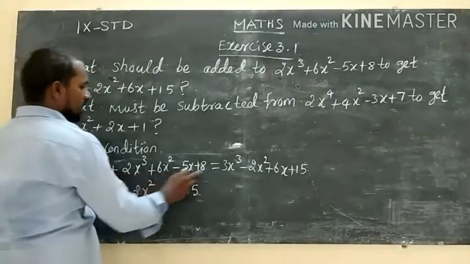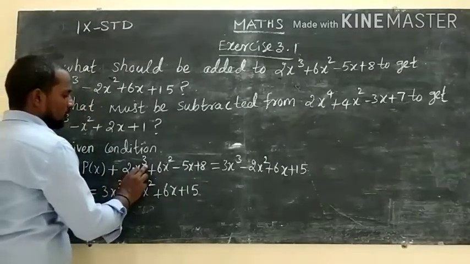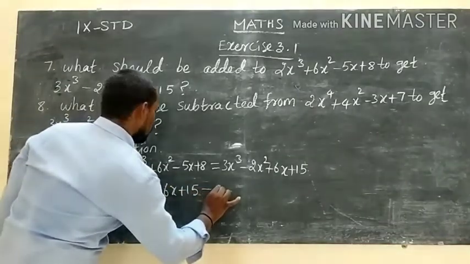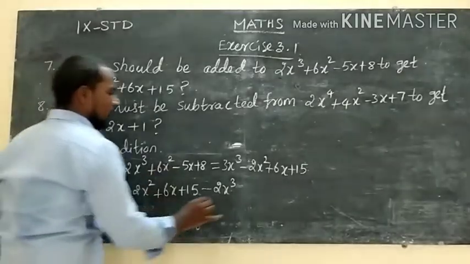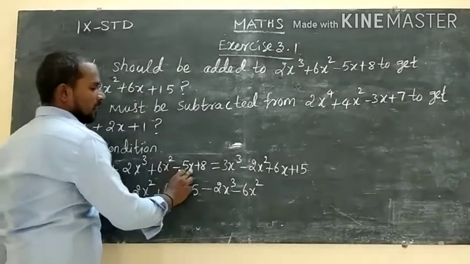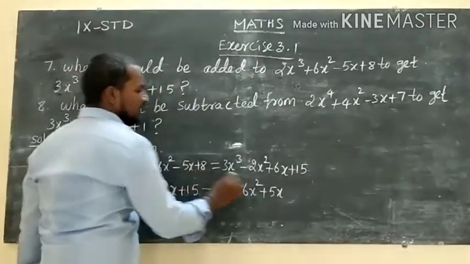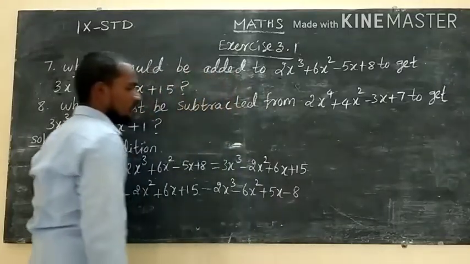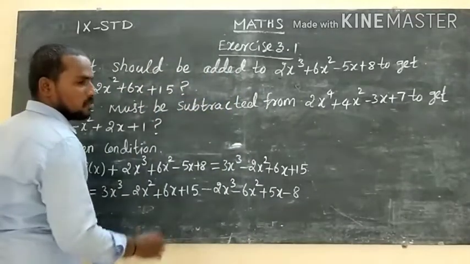Making the transformation, this is plus 2x cube, so on the right hand side it becomes minus 2x cube. This is plus 6x square, so minus 6x square. This is minus 5x, so plus 5x, and the constant plus 8 is converted into minus 8. Because in every transformation you get the opposite sign.